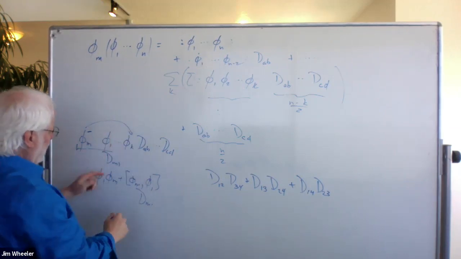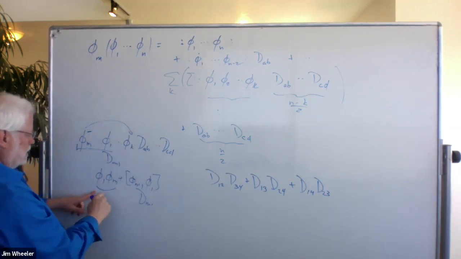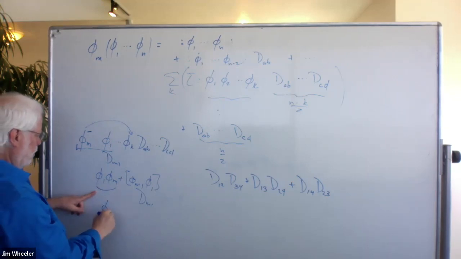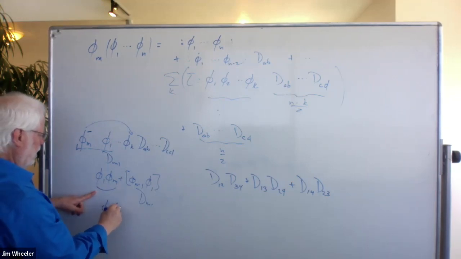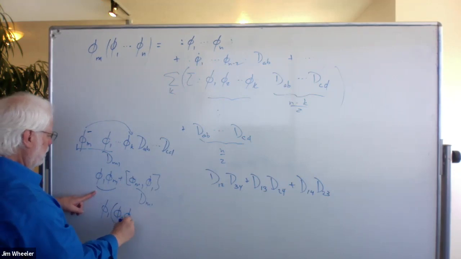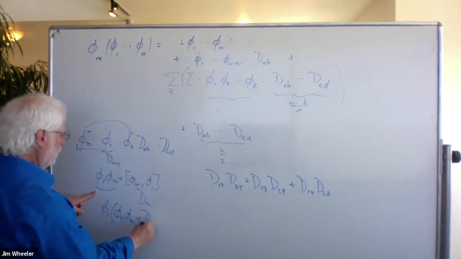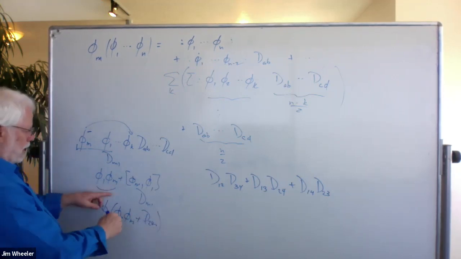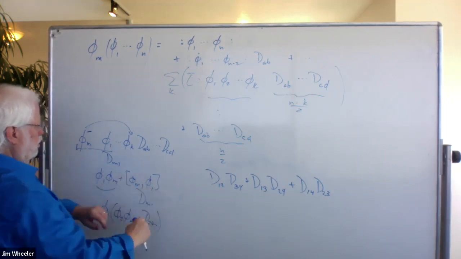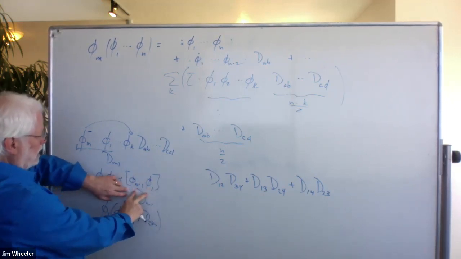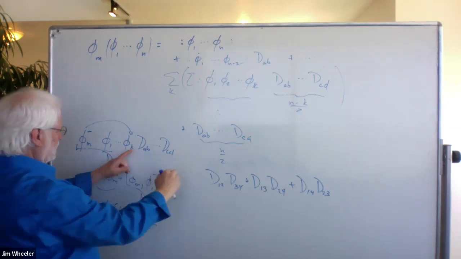Now you've got to pass phi 2. So this term is going to end up being phi 1, then you'll have phi 2 phi m plus d2m, plus this term. So this has added one d to this list.